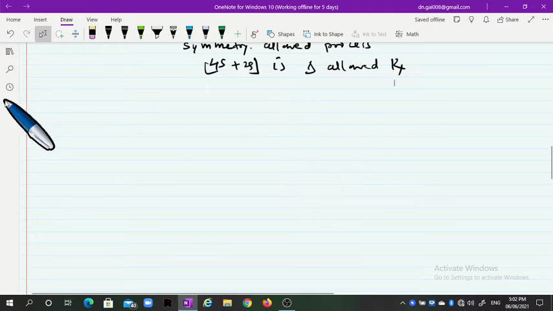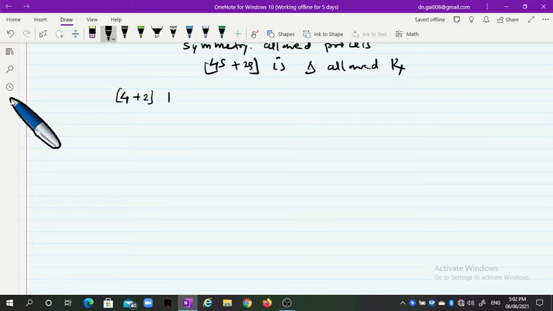Second, the photo induced 4 plus 2 reaction.